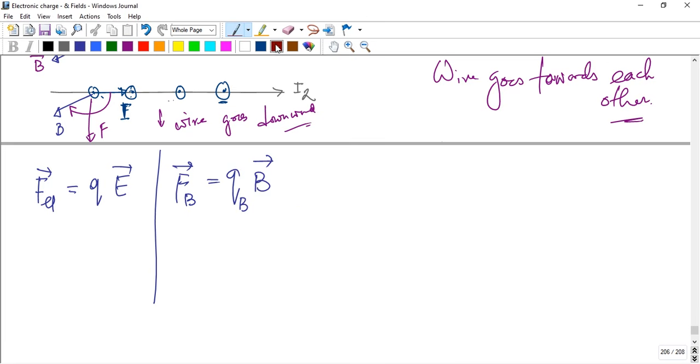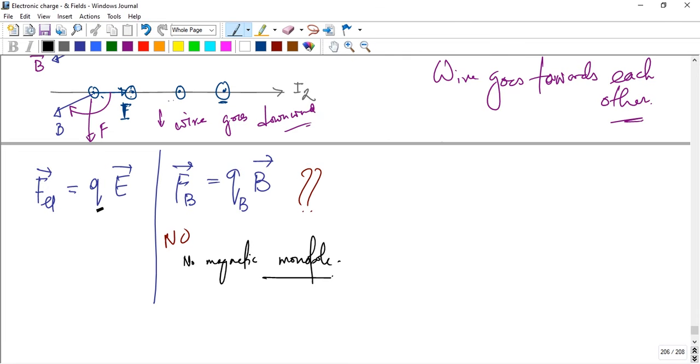Now another question arises: is it true? No. Why? Because that Q is a single charge, a monopole, and there is no magnetic monopole. There is always a dipole.